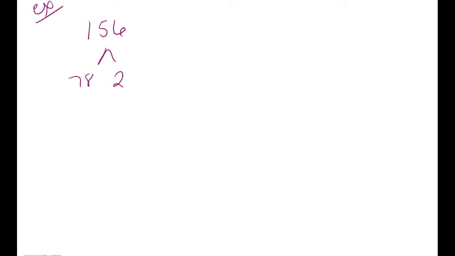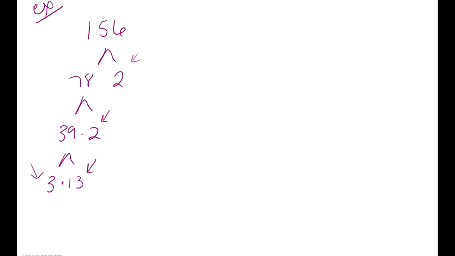And 2, I got down to 2 here, so I know that that one is prime, but 78 certainly can be broken down again to 39 times 2. Here I got 2 again, so it's good. Let's keep breaking down 39. 39 is 3 times 13. And both of these numbers are prime, so I'm done.